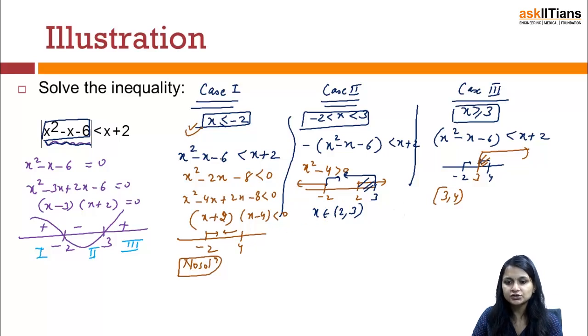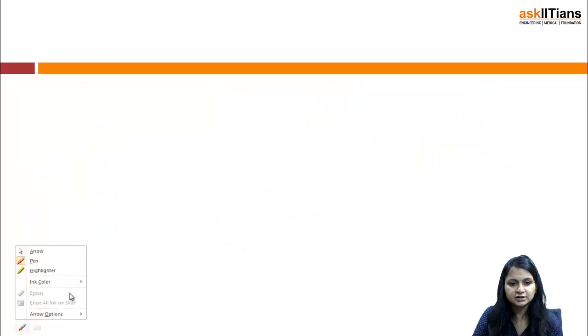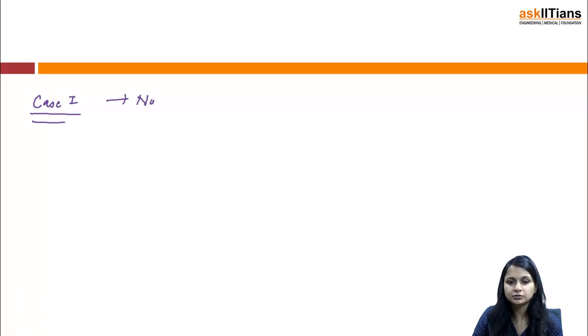So we got one solution as (2, 3). So let's write down all these solutions. With case 1, case 1 gave me no solution. This is something which is very important, students, that I can also get a solution which is no solution, right? Because there was no intersection. Okay.